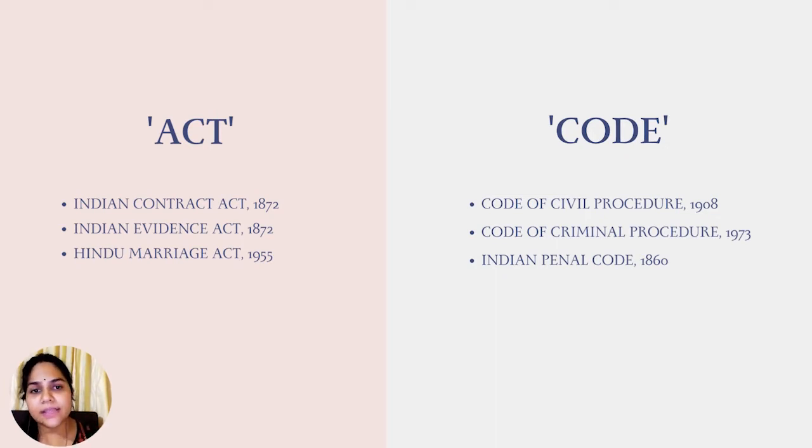If I take the example of the Code of Civil Procedure, it was enacted in 1908. It doesn't mean that before 1908 there wasn't civil judicature or civil suit. It was there, but in the form of a loose compilation, right? So this is the difference between Act and Code.